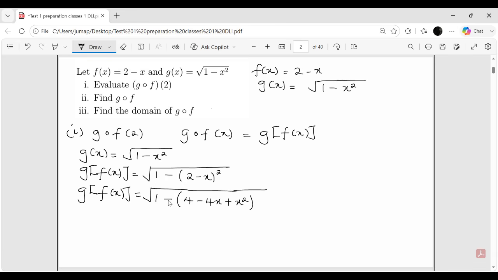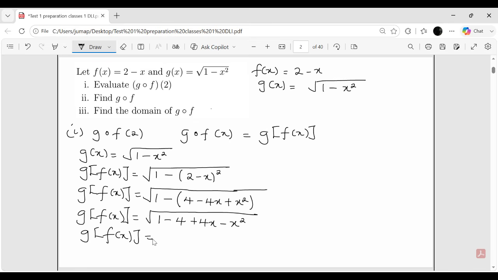Then this negative is going to multiply with everything here, and you're going to have g f of x being equal to the square root of 1 minus 4 plus 4x minus x squared. When you reach this part, you just simplify further and say g of f of x is equal to the square root of 1 minus 4, which is negative 3, then plus 4x minus x squared.